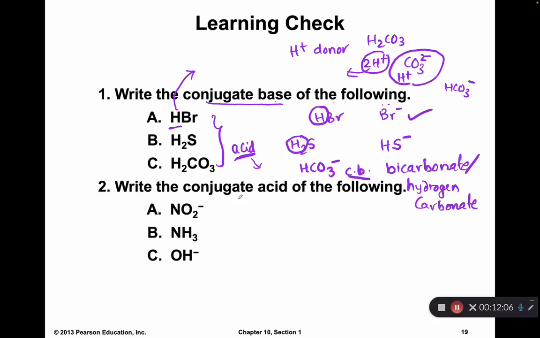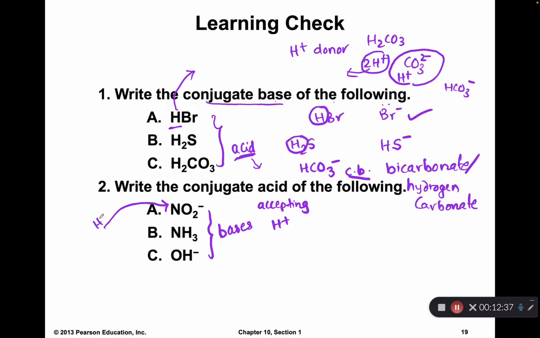Write the conjugate acid of the following. So it says write the conjugate acid, means it is telling you that these guys are bases. Okay, these guys are bases, means they do have a nature of accepting the proton, right? Because bases will accept the proton. It means add the proton to them, whatever is formed is the conjugate acid.